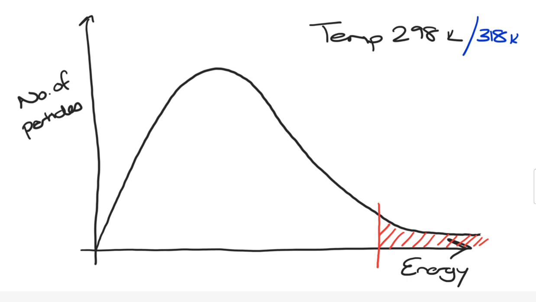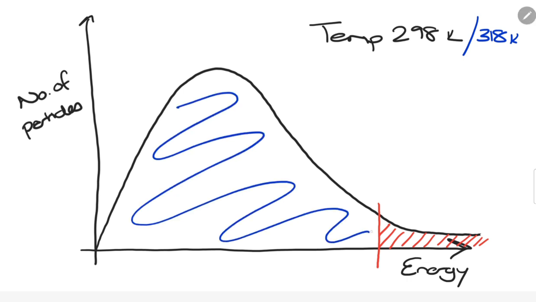If you remember the previous clip, what we said was the area under the curve, i.e. all of this area, including those higher than the activation energy, represents the total number of particles in the system. And so if all we're going to do is change the temperature of the reaction, that area under the curve cannot change.